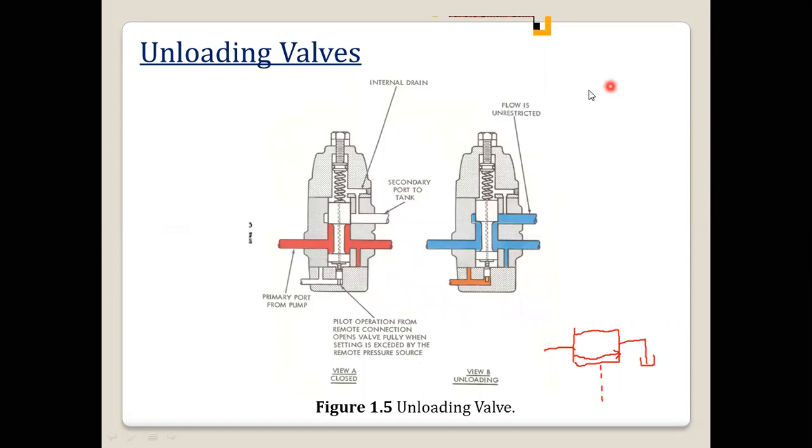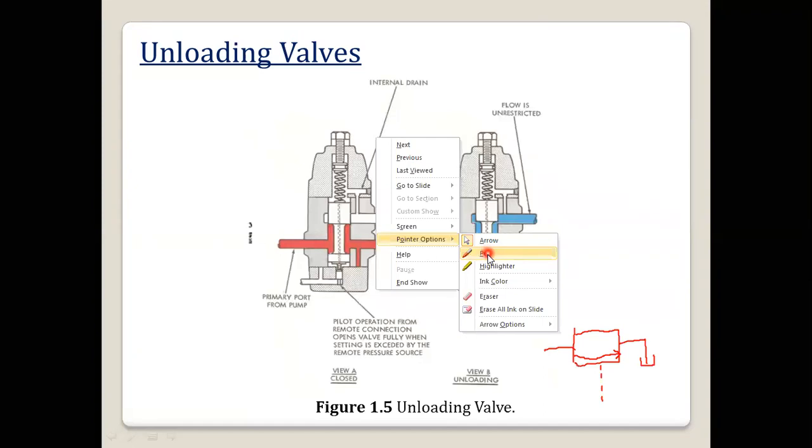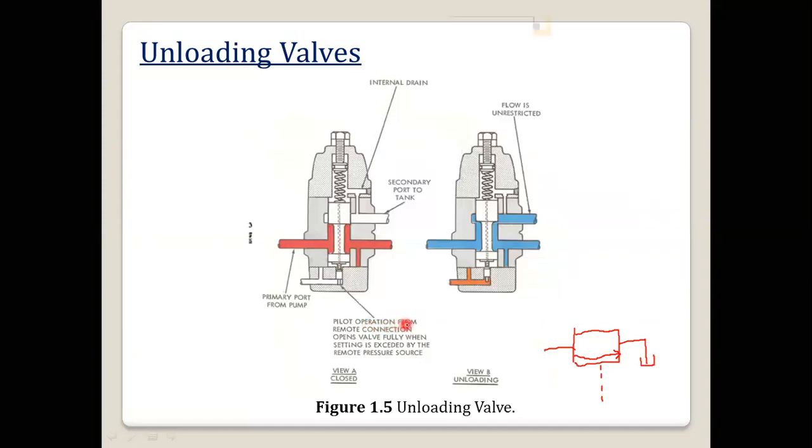So this is the diagram of the unloading valve. Here we can see that the oil is coming from the primary port, that is from the pump. Then here we can see the pilot operation from the remote connection.